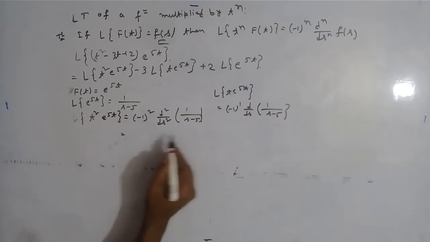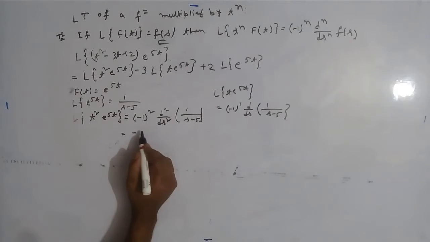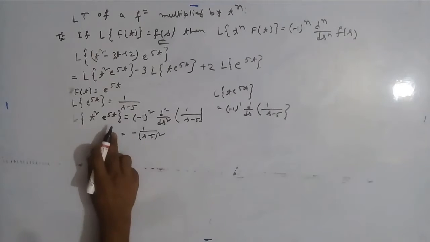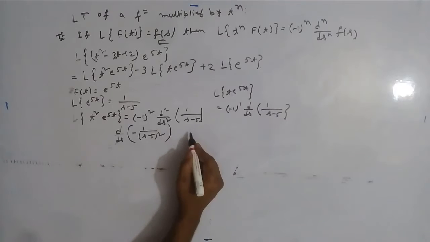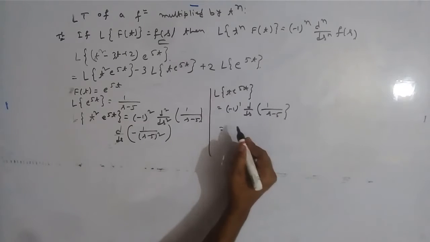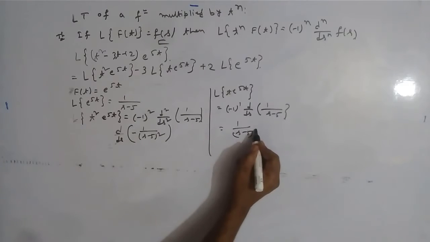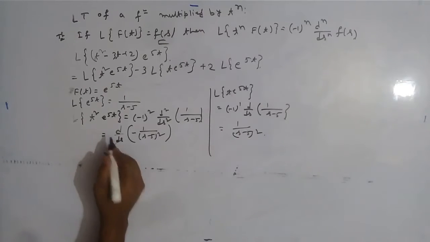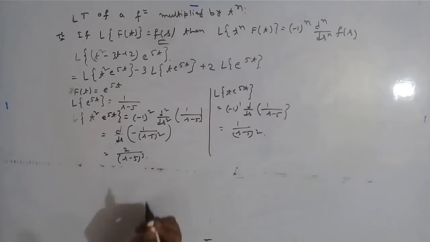Now we have to find these functions. Minus 1 times minus 1 will be plus 1, and after first order differentiation it will be minus 1 by (s minus 5) whole square, and then d/ds of this gives 1 by (s minus 5) whole square. Next, this will be 2 by (s minus 5) whole cube.